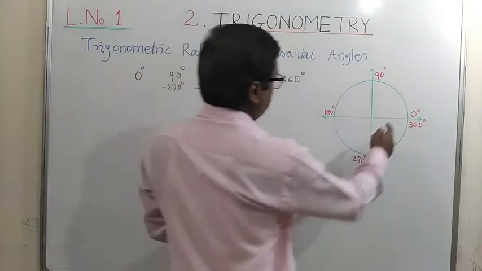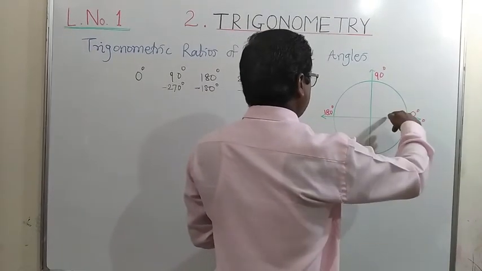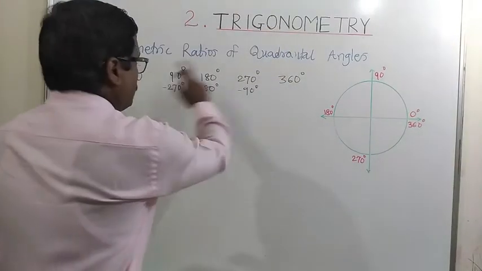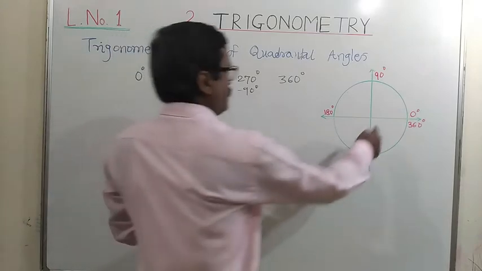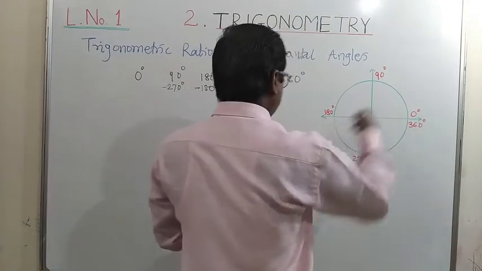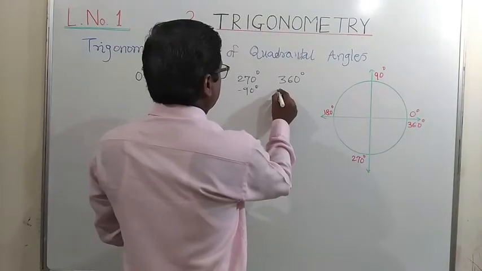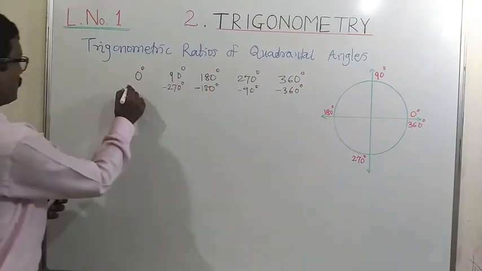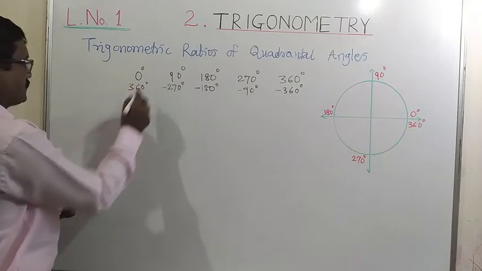And positive 360 is nothing but negative 0 also. So plus 360 is the same as minus 360, and 0 can also be considered as 360 degree.